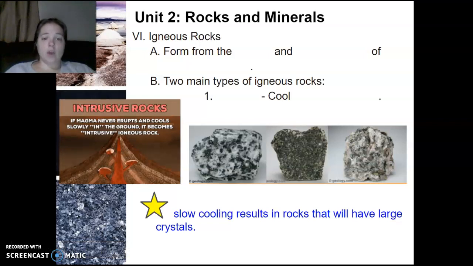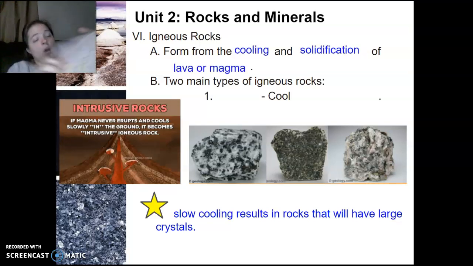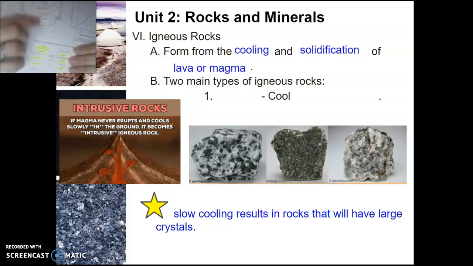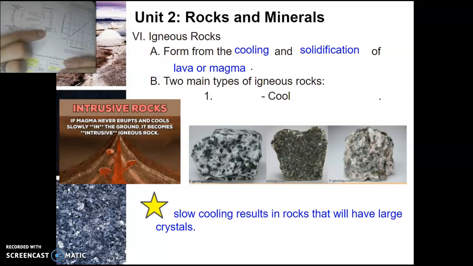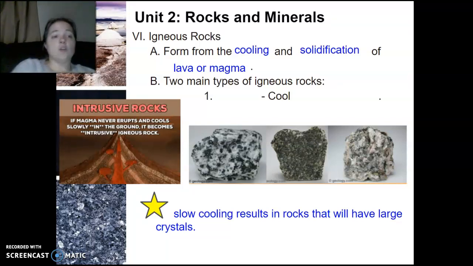Igneous rocks form from the cooling and solidification of lava or magma. How you can remember this is if you look right here where it has the magma going to igneous rocks, it says solidification. That's how you can remember igneous: cooling and solidification of lava or magma.